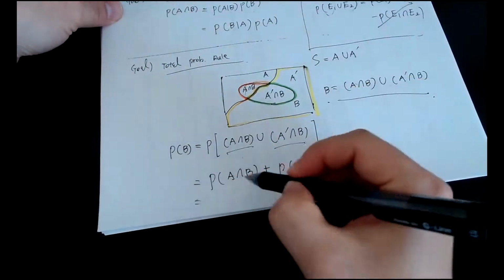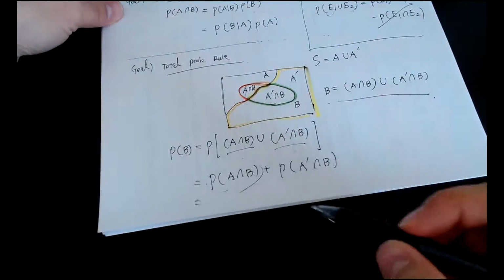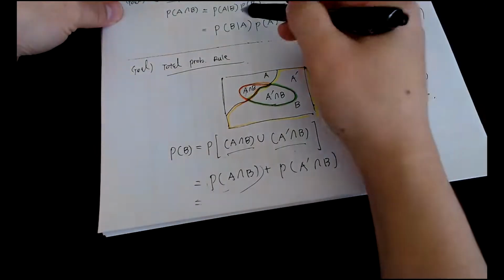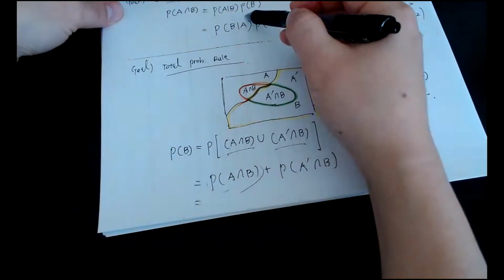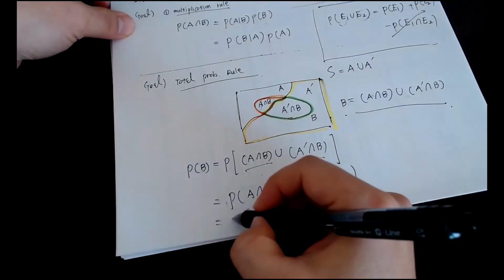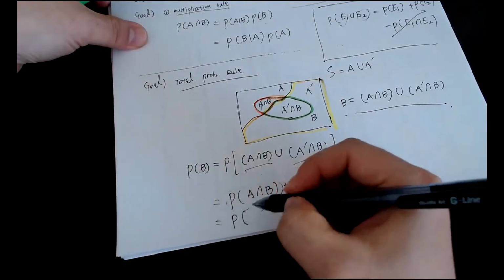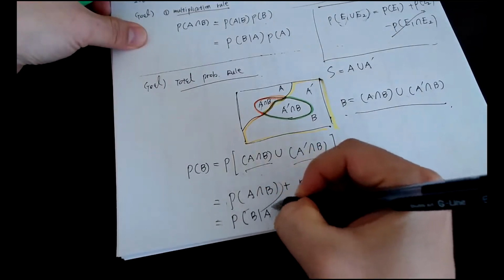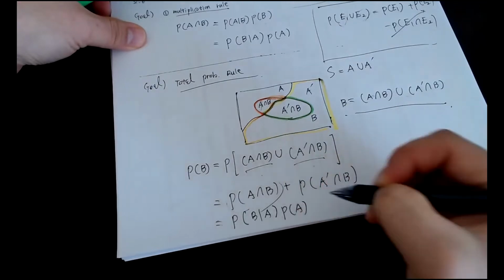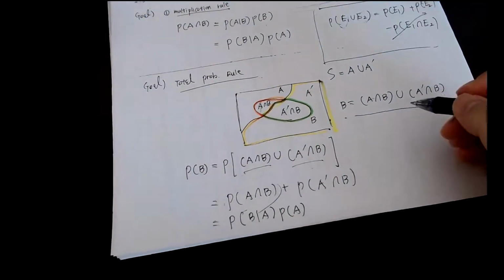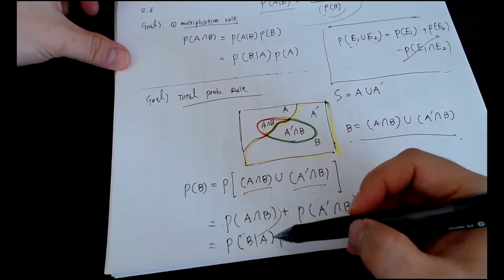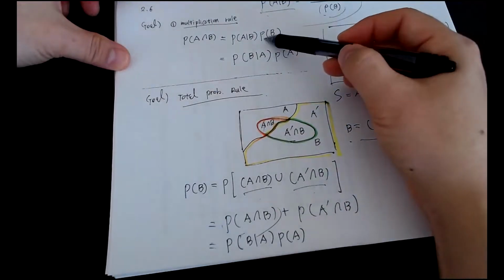So P of A intersection B can be expressed like this, in terms of the conditional probability. This is equal to P of B given A, and then P of A. Oh, wait a second. Why do we have to apply this one, not that one?